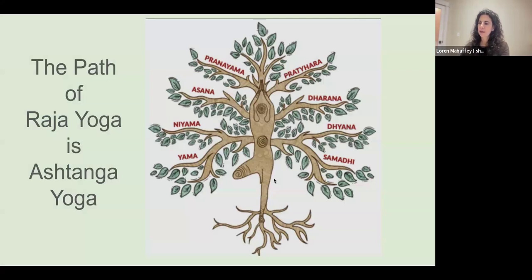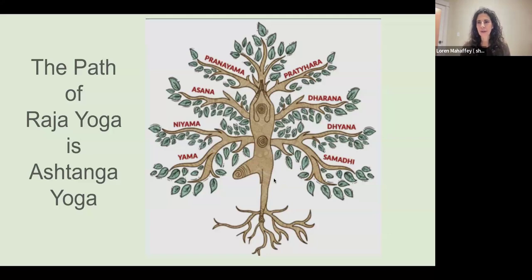So let's first talk just about the path of Raja Yoga. Raja Yoga and the concept of the eight limb path of Ashtanga Yoga are the same thing. They are a particular path in yoga that follows this understood journey from that which is gross, more obvious, to that which is more subtle.